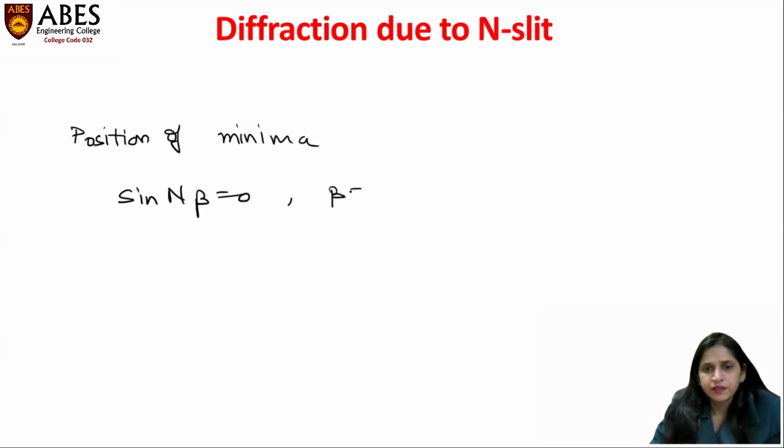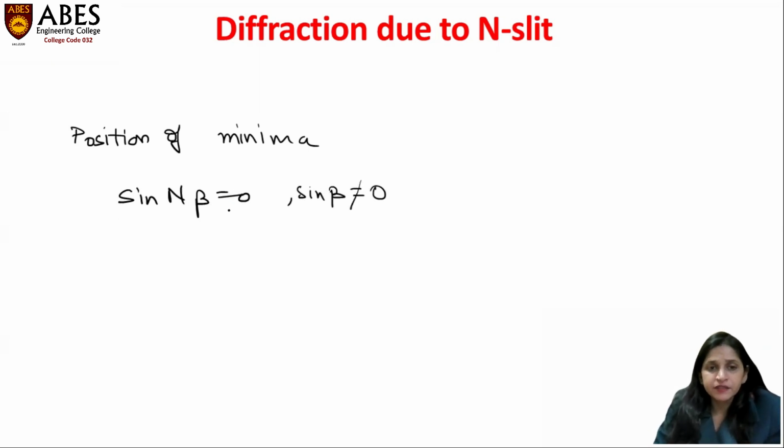But can sine beta be equal to 0? No, sine beta cannot be 0, because if we put sine beta as 0, we are going to get the position of principal maxima, since beta is equal to plus minus n pi is the position of principal maximas.